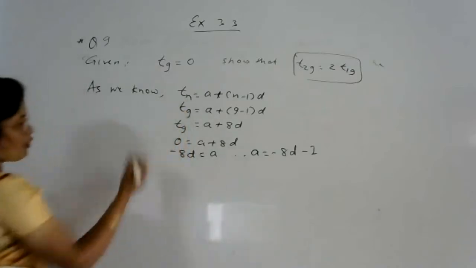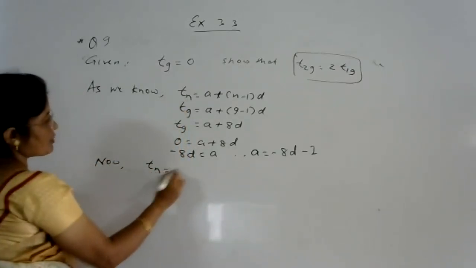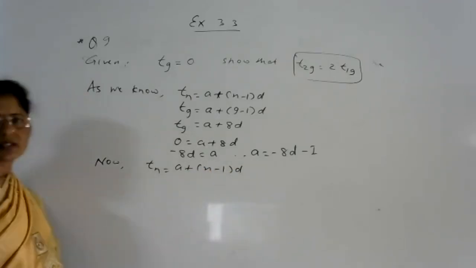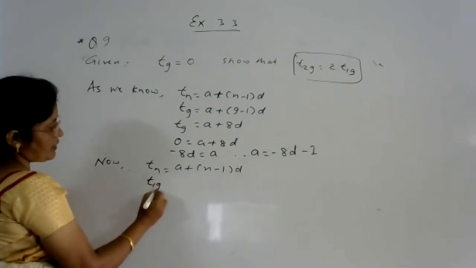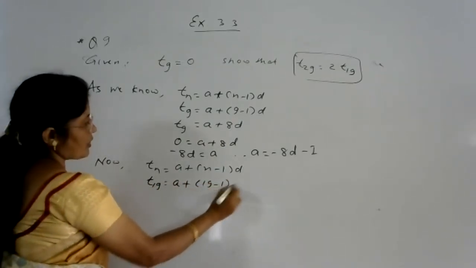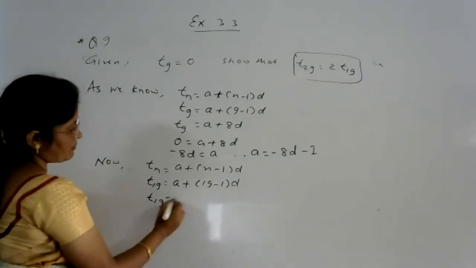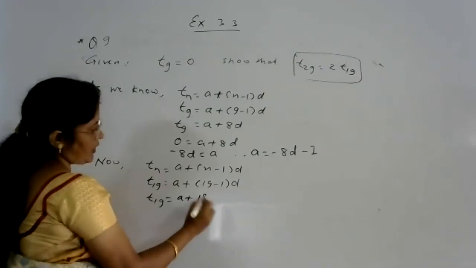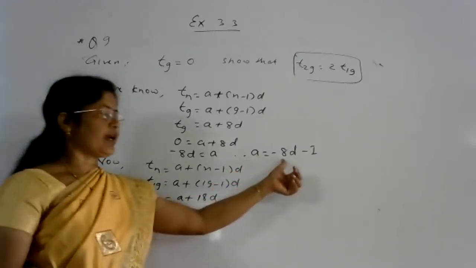Now, in the same way, the formula is Tn is equal to A plus n minus 1 into D. For the 19th term, T19, put n is equal to 19: A plus 19 minus 1 into D. So T19 is A plus 18D. Now we know the value of A here, minus 8D.